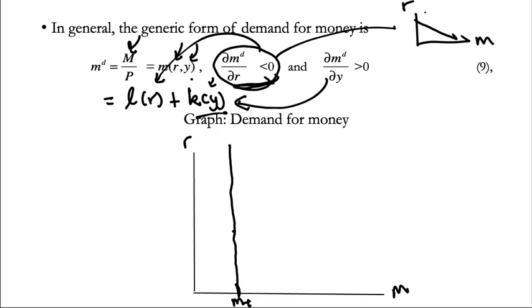But if we add this, then for every interest rate, we have to shift it to the right by this much, isn't it? That is this distance, isn't it? So it means we have to start from here, because this is the distance of transaction demand, and start from here is the distance for speculative money demand. So it should look like this.